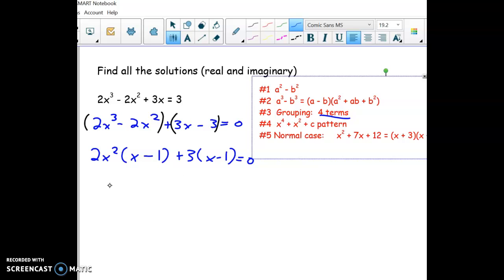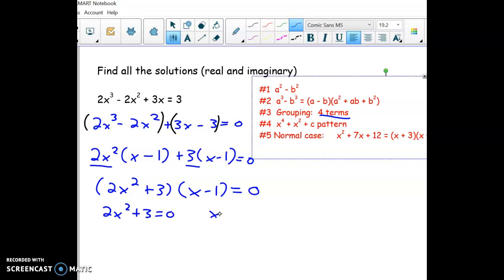Okay, and now the x minus 1's match, so take whatever's in front, 2x squared plus 3, and then the parts that match, x minus 1, and make it into 2 factors. Set them to 0 and solve. So 2x squared plus 3 equals 0, x minus 1 equals 0, and then minus 3 on this one, divide by 2.